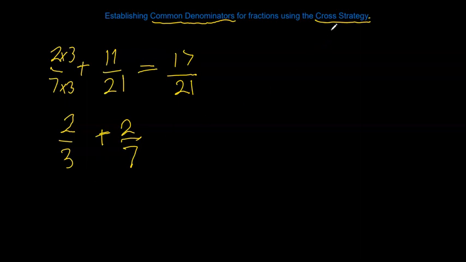So we use this concept called cross strategy, where we make 3 moves. The first move is horizontal, and each move is multiplication, right? So for the common denominator, we multiply this by that, we get 21.